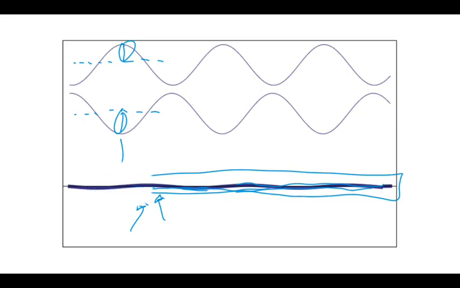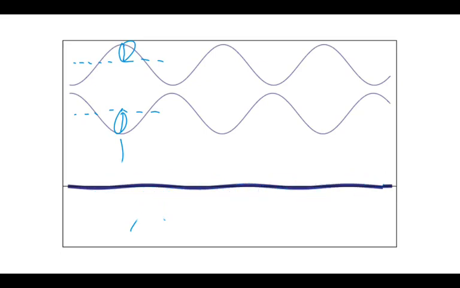You have one sound wave coming in from the outside, and the speakers generate a sound wave that's completely out of phase with that to cancel it, to give you no sound. That's how noise-canceling headphones work: they play a sound that's out of phase to the sound around you to cancel it out so that you hear nothing.